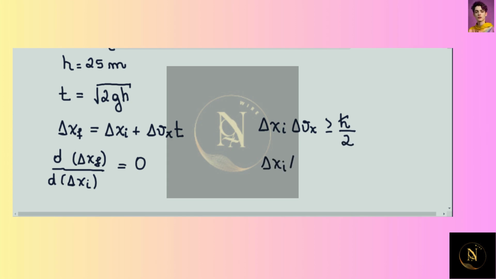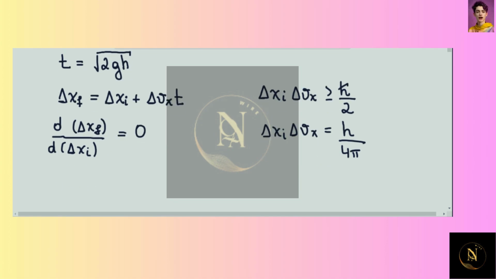And since we're aiming for highest precision, I'm just going to consider the equality. Delta xi times delta vx is equal to h bar over 2, which is h divided by 4 pi.